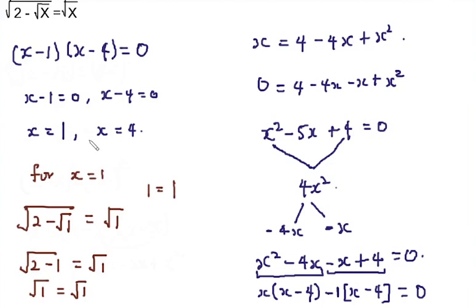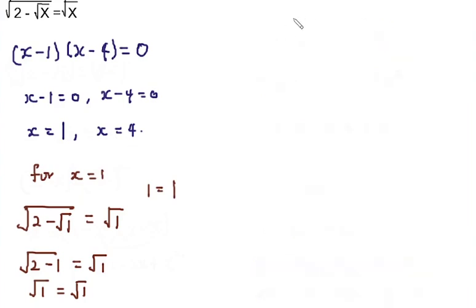Let's check for the next value, x equal to 4. So for the next value, I'll be saying square root of 2 minus square root of 4. So this is equal to square root of 4. Square root of 4 is 2.